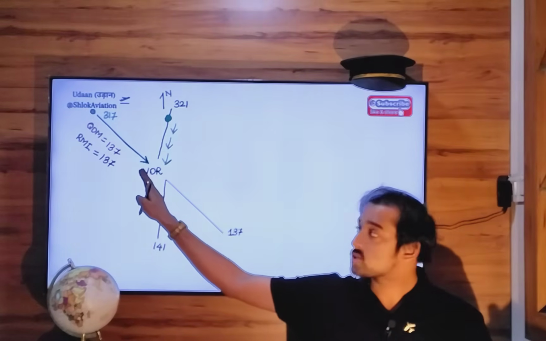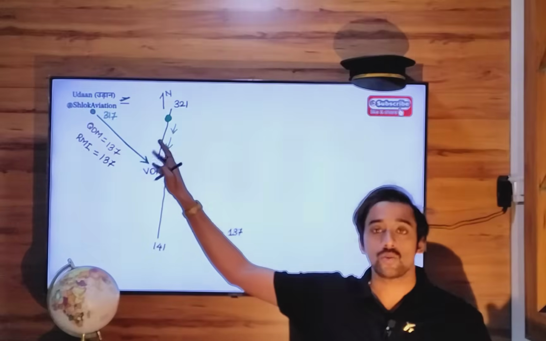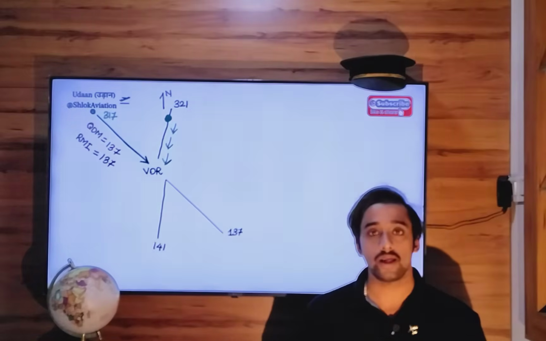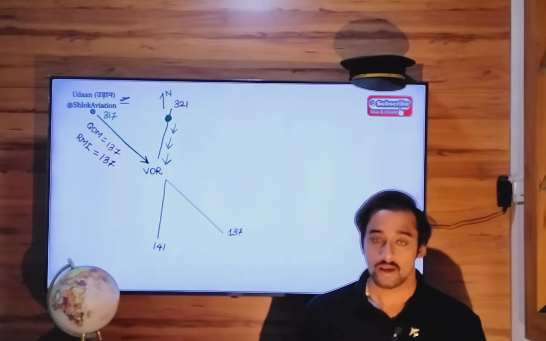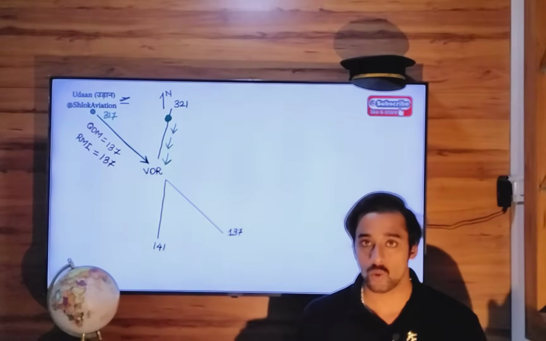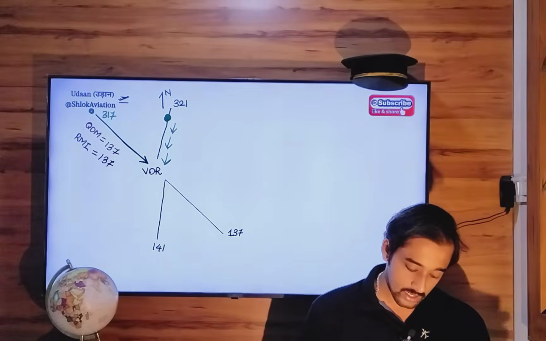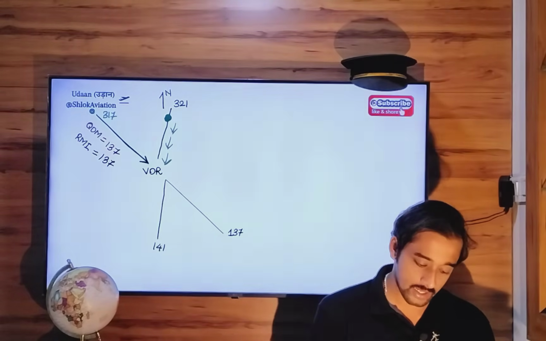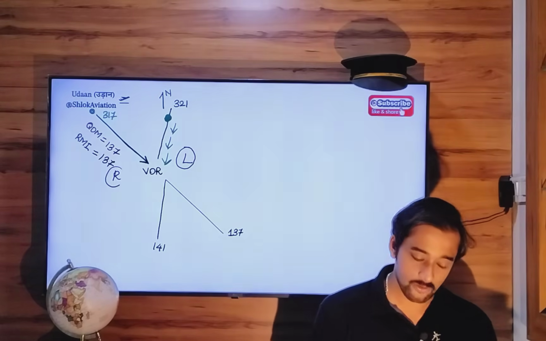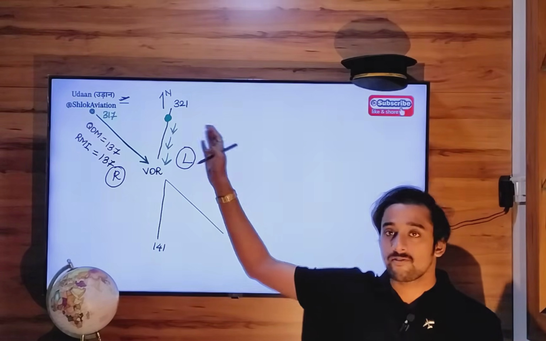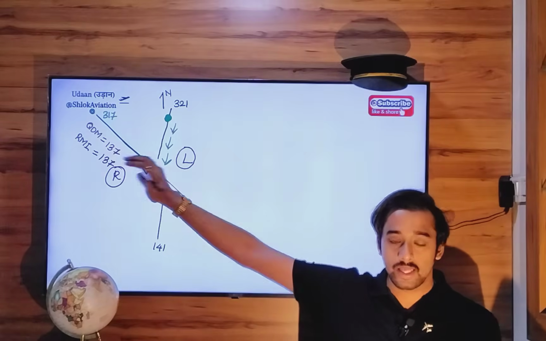But it is not on radial 317, it is situated on radial 321 and it is flying inbound. So there is deviation between 317 and 321. Now when you fly inbound towards the VOR, your left will be on this side, right hand side will be there.